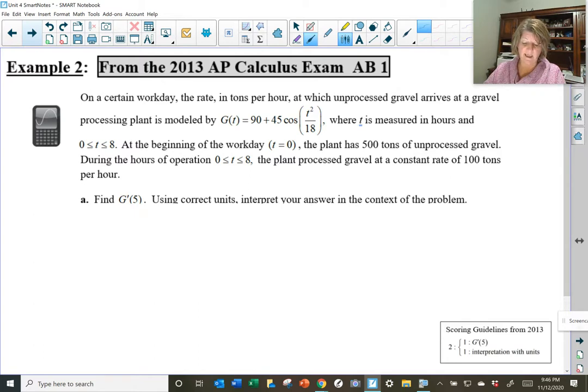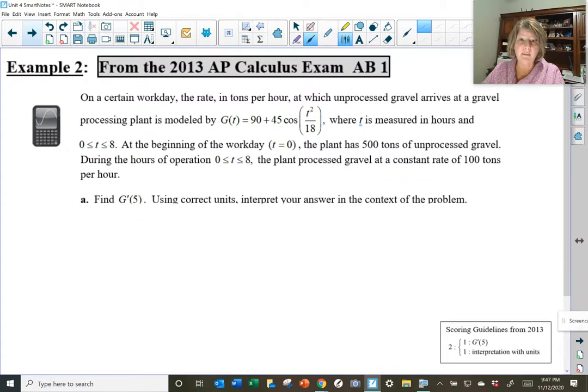At the beginning of the workday, T equals 0, the plant has 500 tons of unprocessed gravel. During the hours of operation, the plant processed gravel at a constant rate of 100 tons per hour.